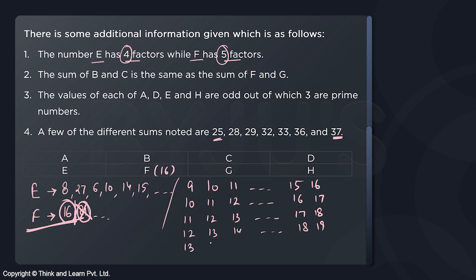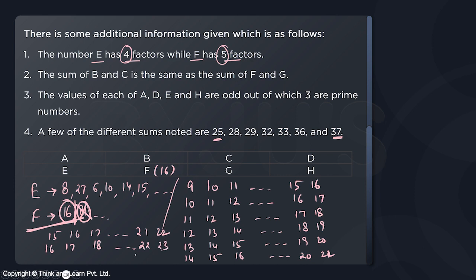They can be 13, 14, 15 up to 19 and 20. They can be 14, 15, 16 up to 20 and 21. They can be 15, 16, 17 up to 21 and 22. And lastly, they can be 16, 17, 18 and up to 22, 23. So these are all the possible cases.